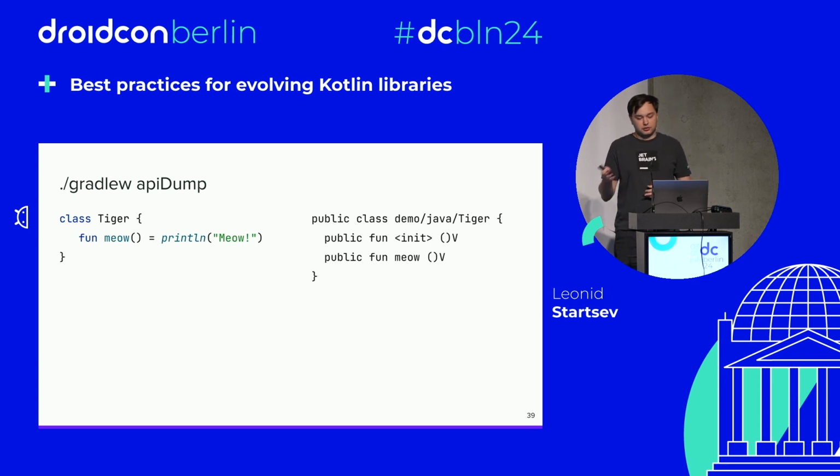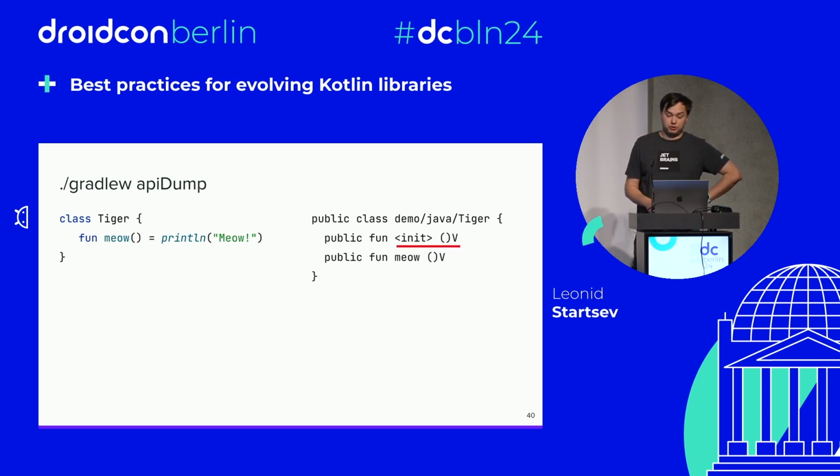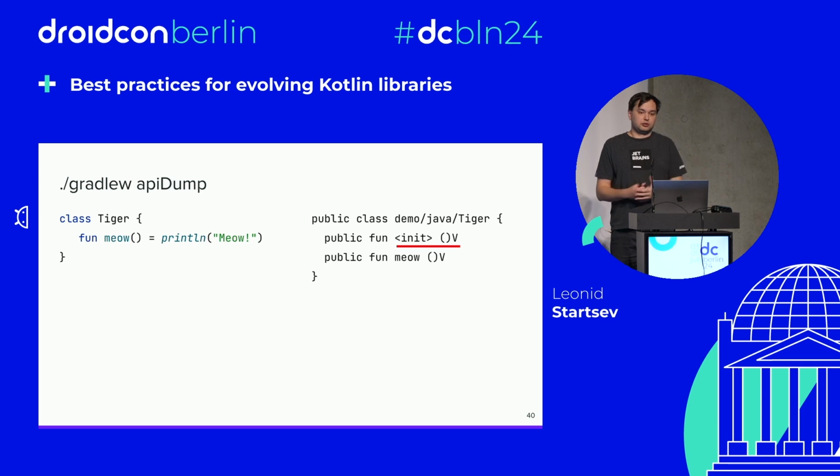So we have the public class with a fully qualified name, we have its functions, and something that you should also remember about. It has a public constructor, because even if we haven't declared it in Kotlin, we have default constructors in Kotlin, and so we have a public constructor without arguments.